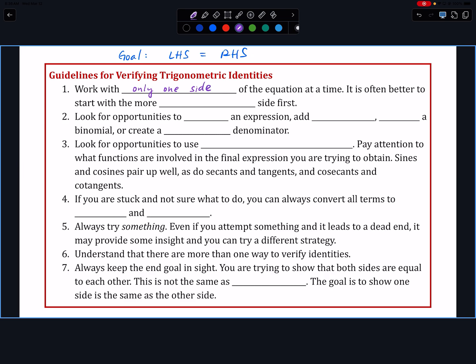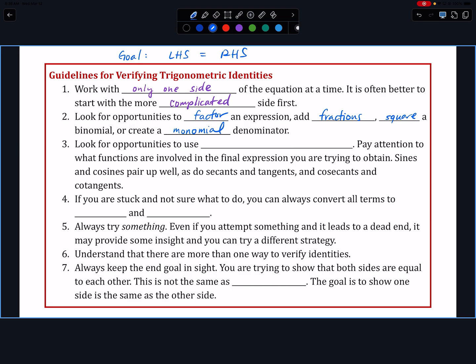And this will make sense later, but if you have a choice, it's often better to start with the side that's more complicated. Look for opportunities to either factor, add fractions, square a binomial, or create a monomial denominator.